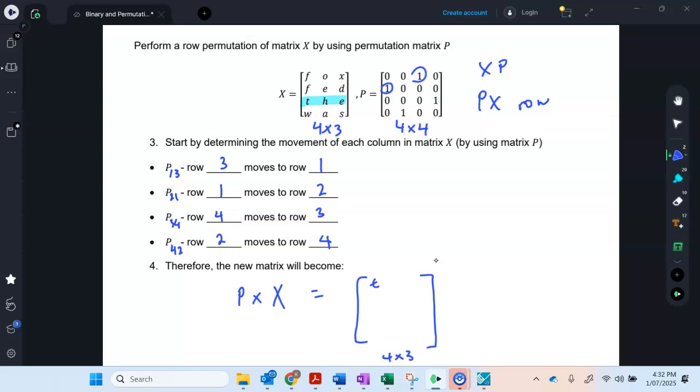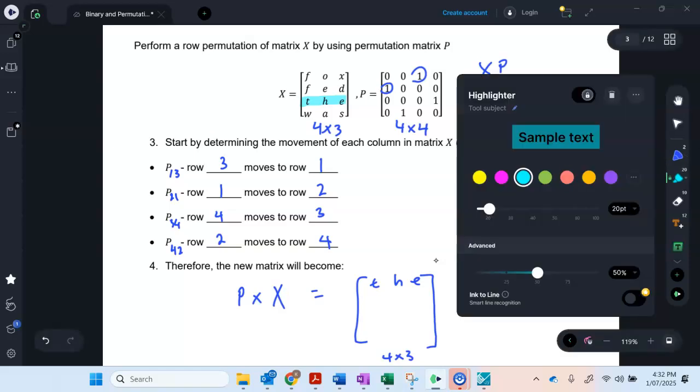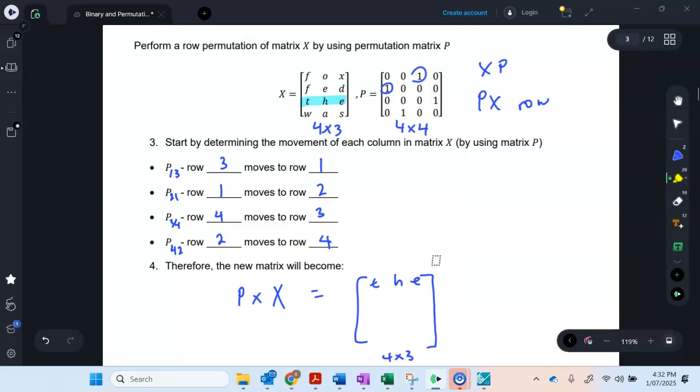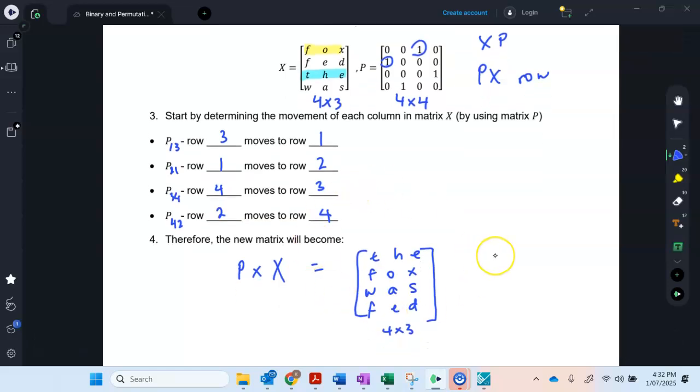Then, let's do yellow, row 1 moves to row 2. And then row 4 goes to row 3. And then obviously row 2 goes to row 4. The fox was fed. That's great. I'm quite liking these examples.